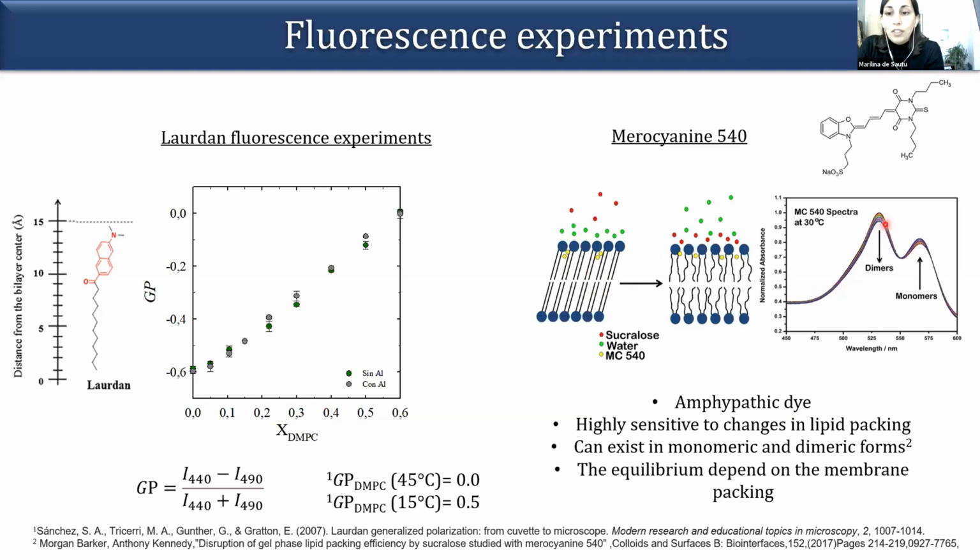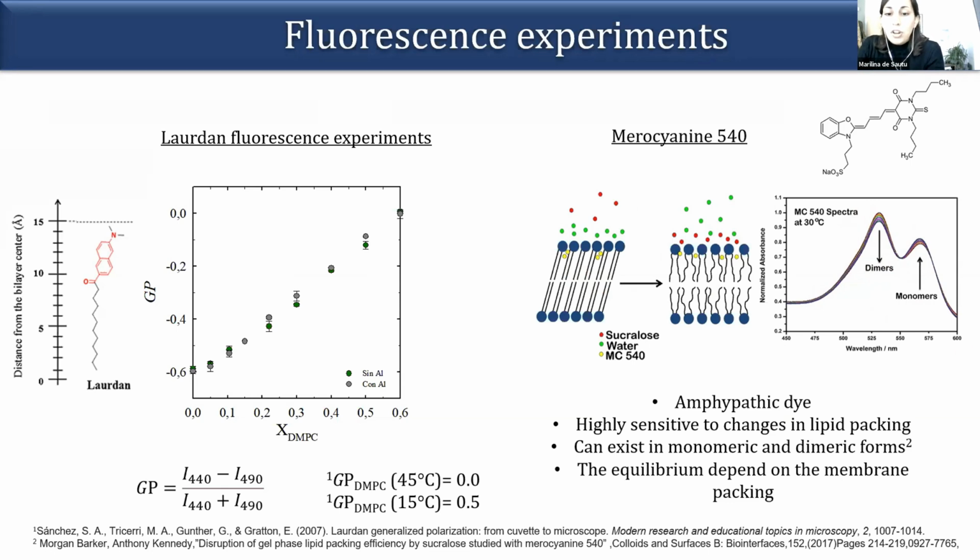And the emission spectra of this probe has two maximum, and one corresponds to the monomeric form and the another to the dimer form. So the equilibrium between these two forms depends on the packing of the membrane. So the relationship in the emission of this maximum is used to study the membrane packing.